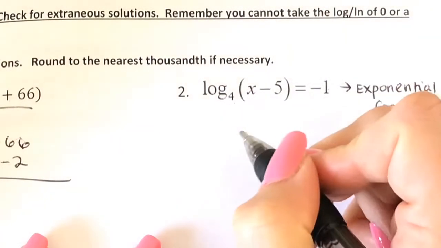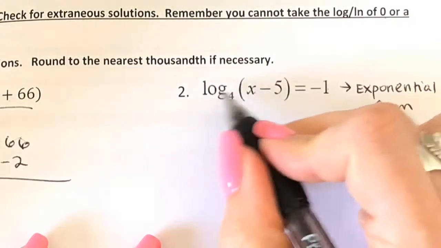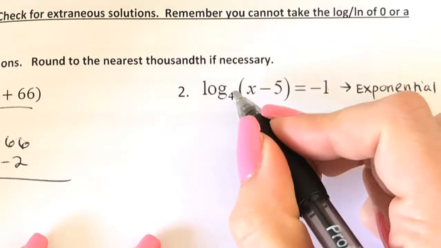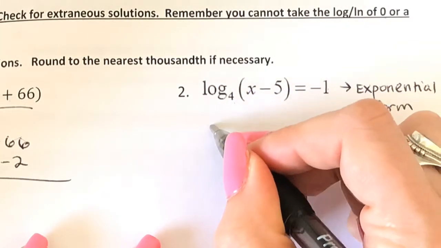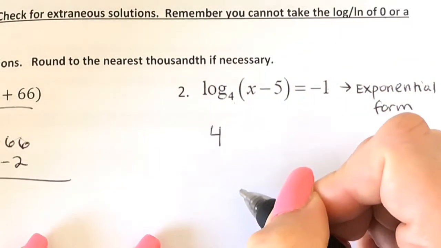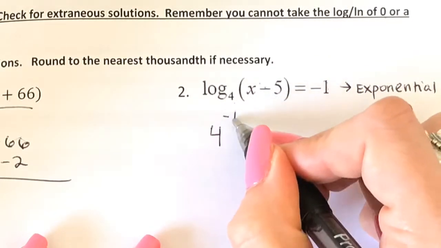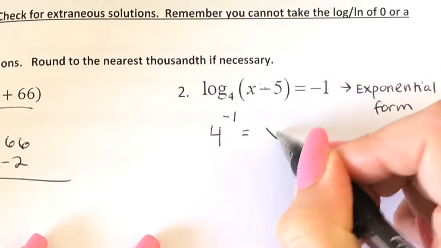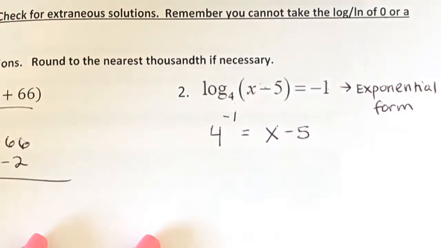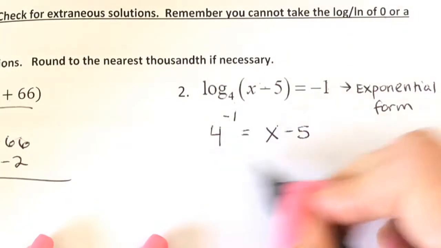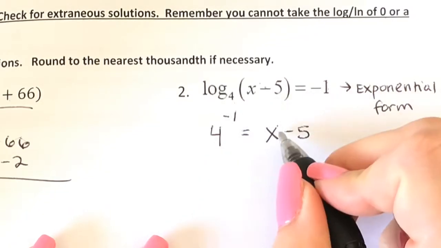If you remember back to 7.1, if I want to go from log form to exponential form, whatever the base of our log is going to stay the base of our exponent. But then these two switch. So the negative 1 will become the exponent and the x minus 5 comes out. And we like doing this because the x is out of the logarithm.